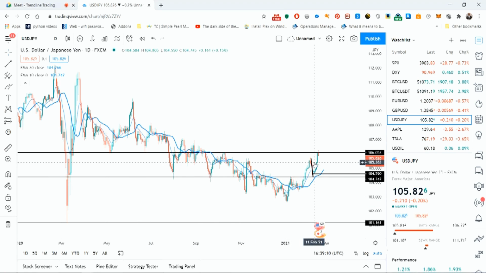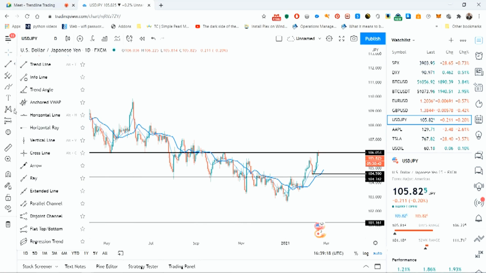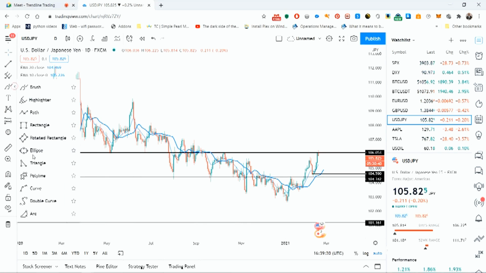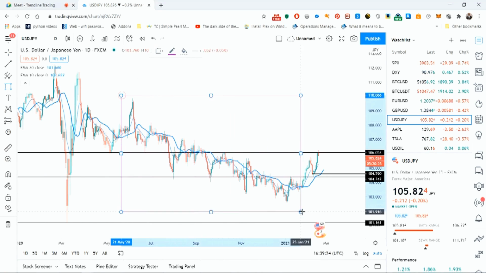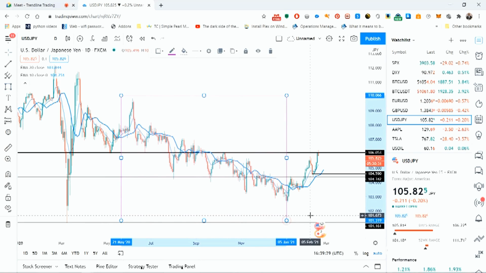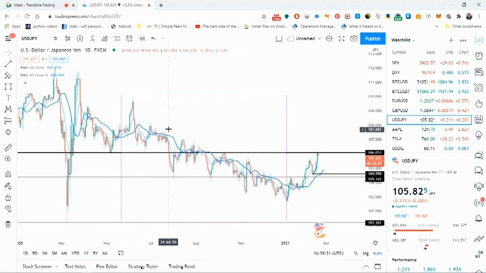You look at this chart and you can see that within this period price has been in a downtrend, right? You could see how price has been making lower lows and lower highs, right? Now you might be looking, where is the trading opportunity here? But if you understand trend lines, you would have been able to connect.